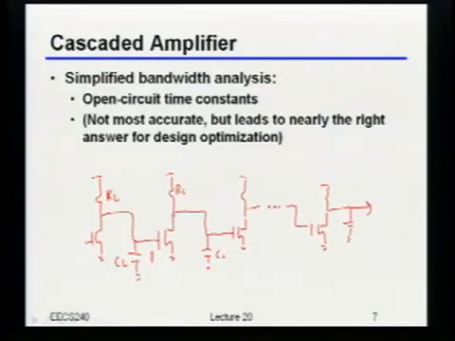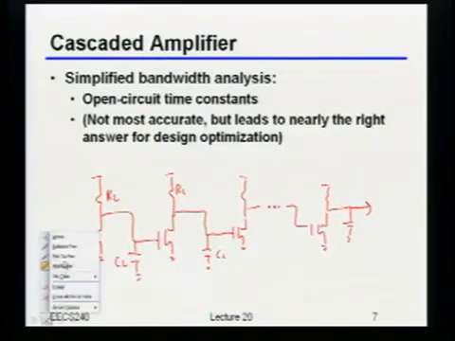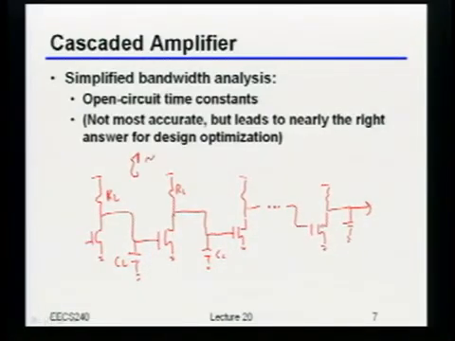In other words, the overall tau is just equal to the sum of the taus of each stage. Since all of these are identical, that just means the overall tau is n times larger than the tau of each stage. Again, not exactly correct, but it turns out it will give us a pretty reasonable answer.